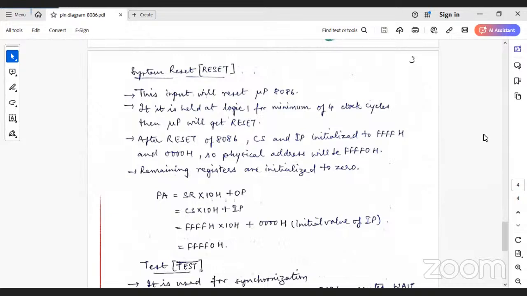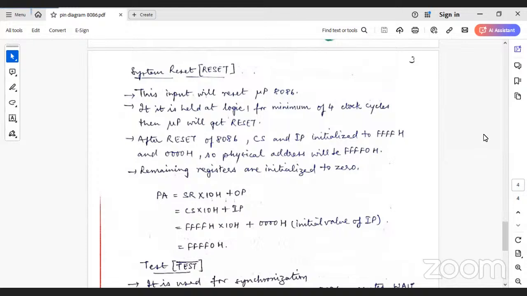Now, after reset, what happens? Suppose reset is taking place. First of all, it should be at logic 1 and it takes 4 clock cycles to go into the reset state. And then after reset, what is happening? We assume that everything will become 0, and again, when we start, it will start fresh. But here the situation is not like that. One example is given.